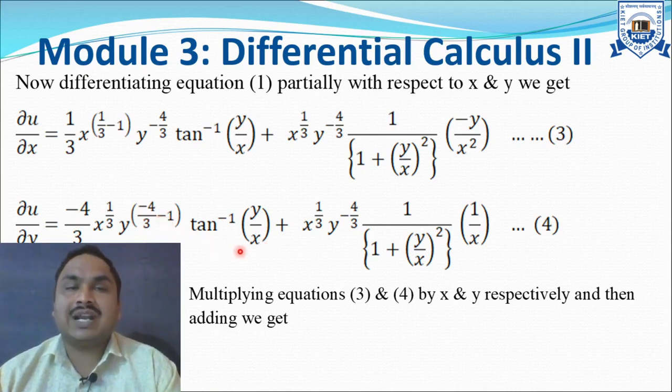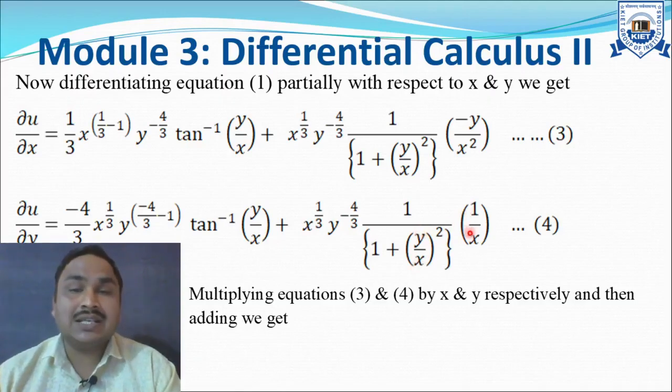Tan inverse y over x is kept as such. In the second term, this is a constant term, we keep the first term as such and differentiate tan inverse. The derivative of tan inverse will be 1 upon 1 plus y over x whole square multiplied by 1 over x, as the derivative of y by x with respect to y will be 1 over x.